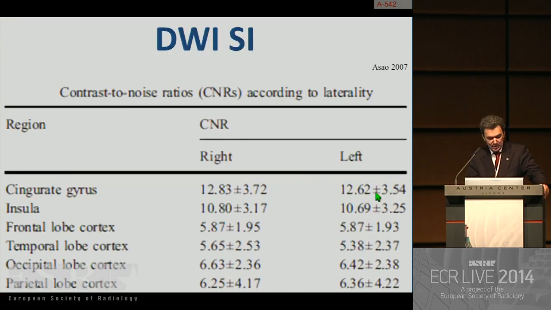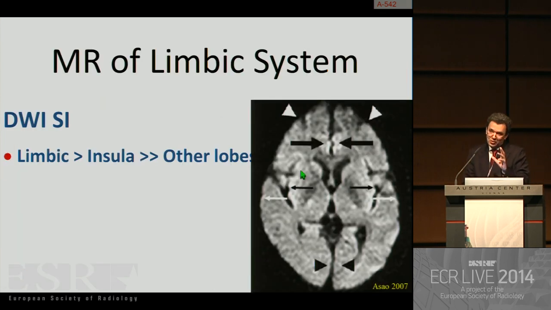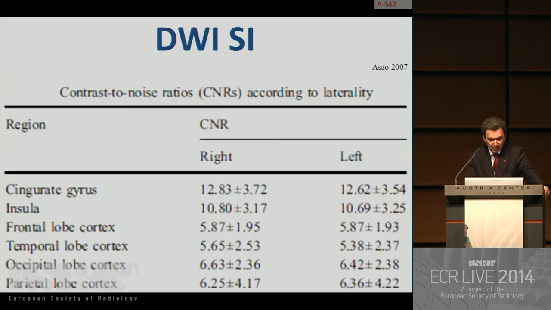And when you want to establish contrast to noise ratios, you also see that the cingulate gyrus and the insula have a much higher ratio than all the others. And that actually, if you're not careful, is one of the reasons why we have problems with CJD, where you have a higher signal quite often in some of these areas, the cingulate and the insula.